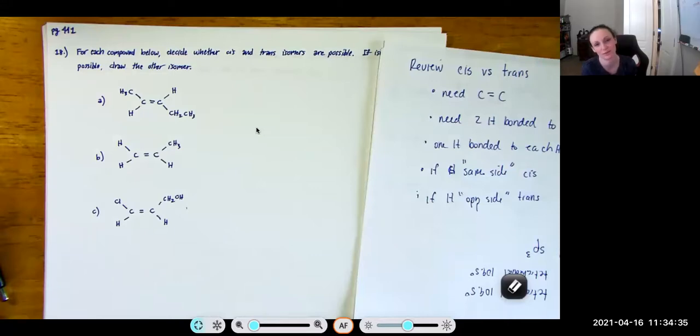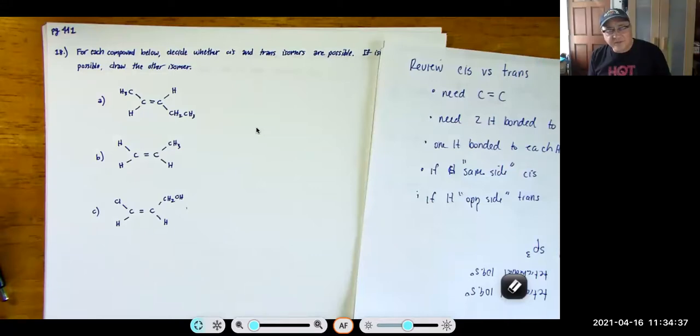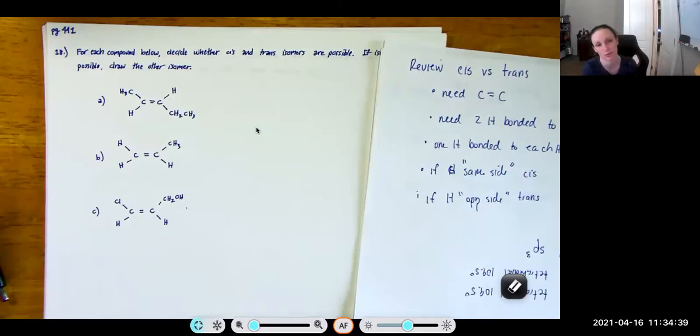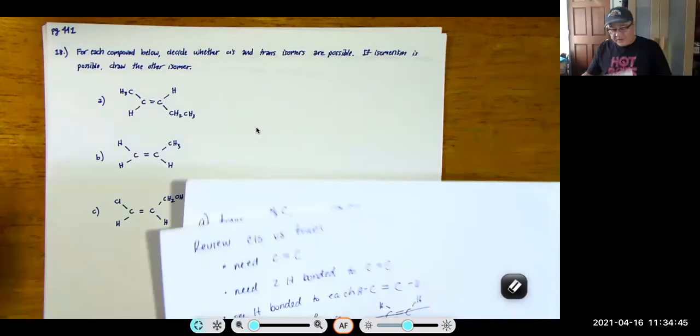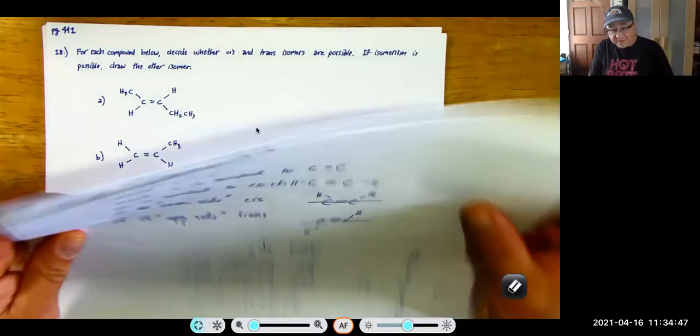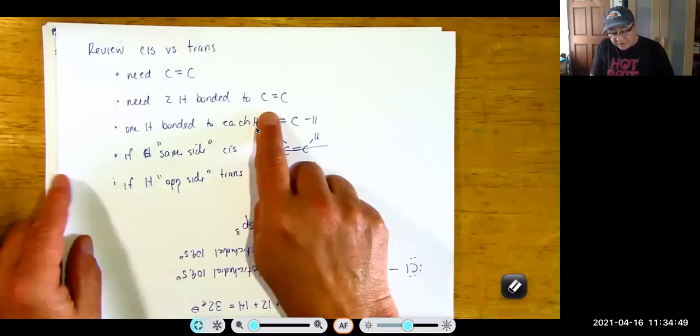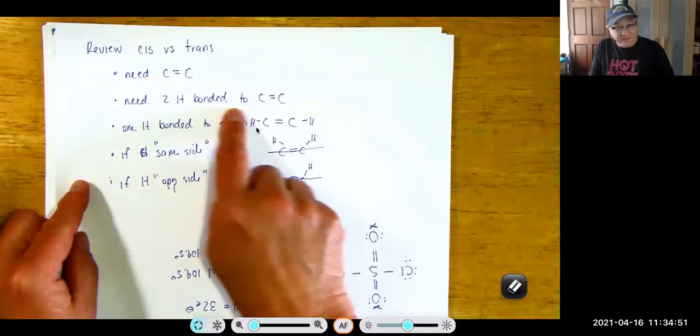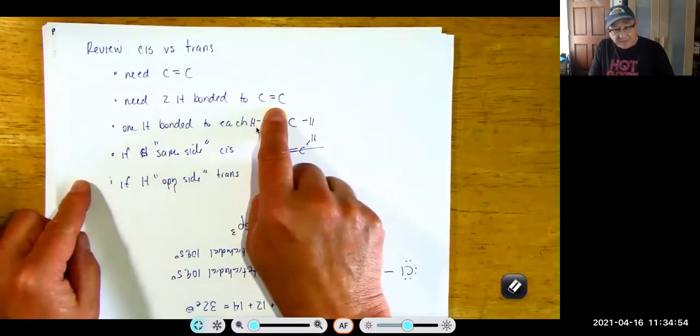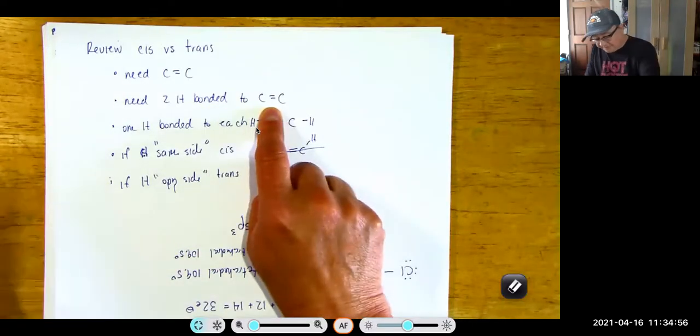One on each carbon. Which carbons? The double bonded carbons. There you go. Okay. And so you can see that right here. You need two hydrogens bonded to the carbon-carbon. It's got to be the double bond. Because guess what?